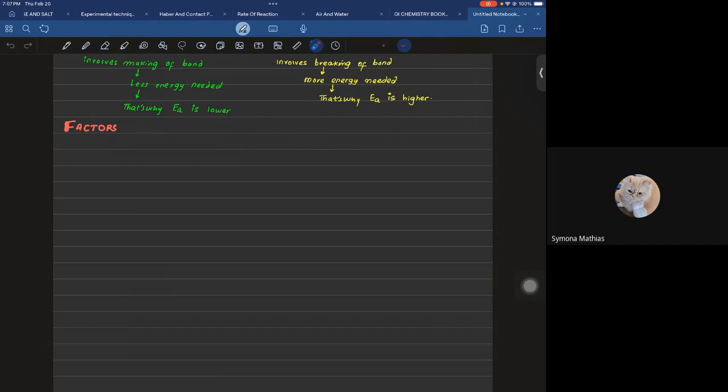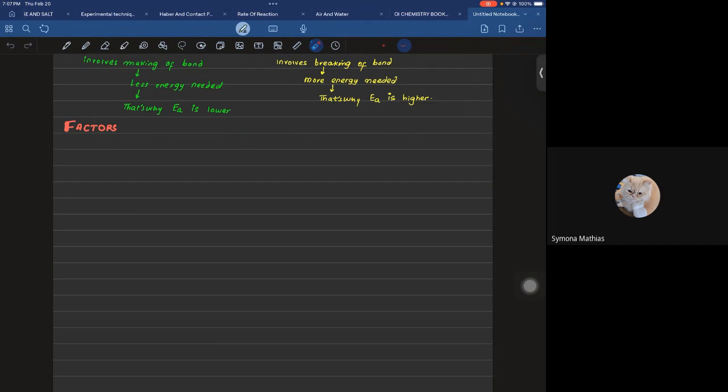So basically, there are two factors on which hydrolysis depends. Number one, the length of the carbon and halogen bond, and another factor is the type of halogenoalkane.